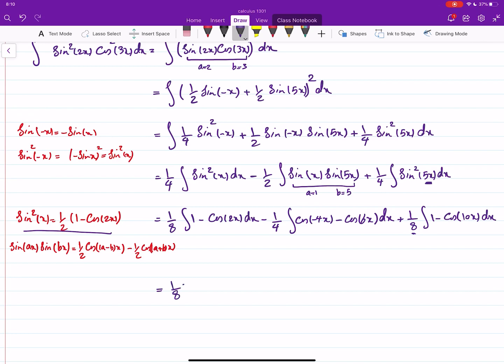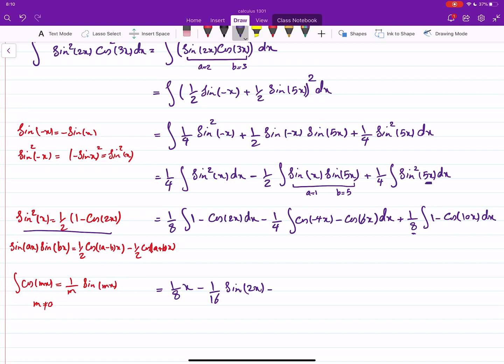1 over 8x is the first term, minus integral of cosine 2x. Remember that the integral of cosine mx is 1 over m sine of mx, when m is not equal to 0. So there's 1 over 8 outside and there's 2 there, so 1 over 16 sine of 2x, minus.